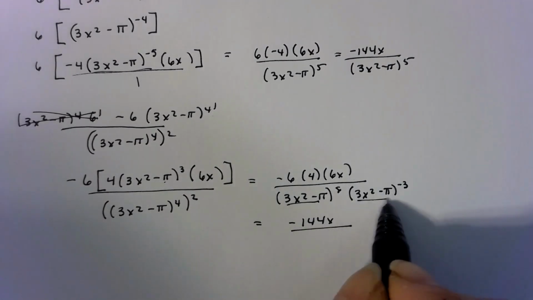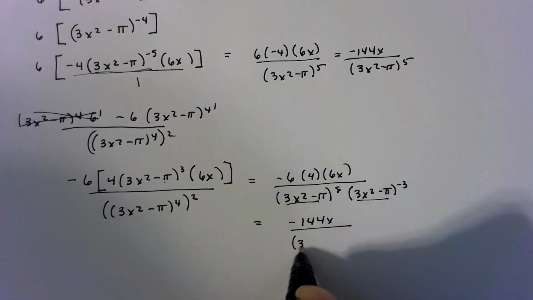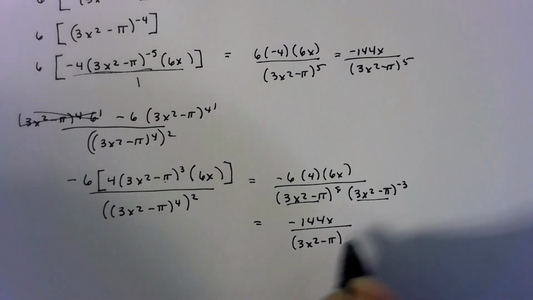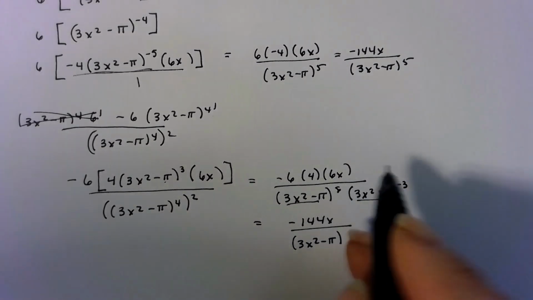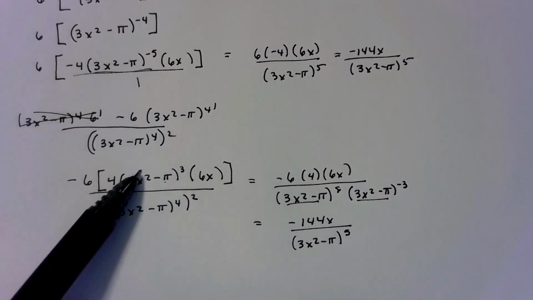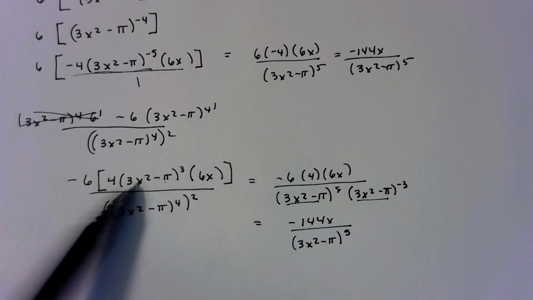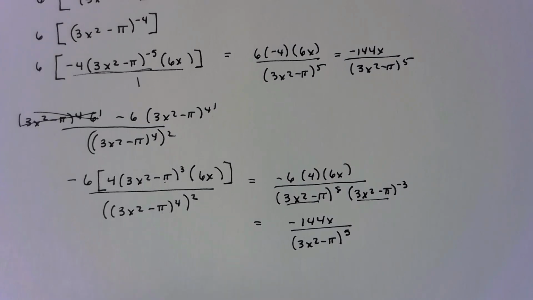The bases are the same, so that means I can write it as one base and add the exponents. Well, 8 minus 3 gives me 5, and you notice I get the same exact answer. So while they don't look very much the same in their raw form, it's the same answer. So that's why I'm saying don't do this, just leave it alone once you take the derivative.